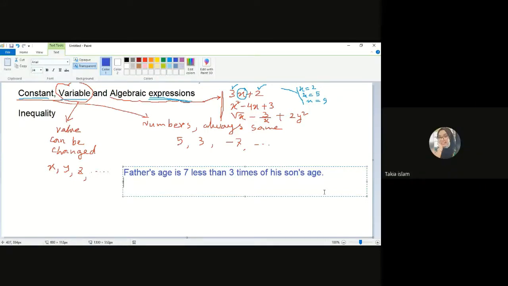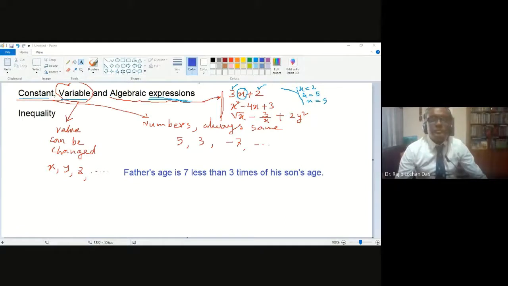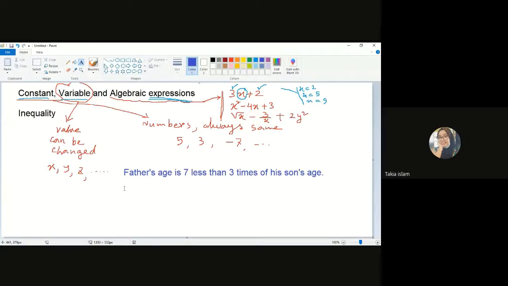Sir, should I tell it in algebraic expression? Yes, yes. You tell me. Sir, we have to consider the son's age as x.